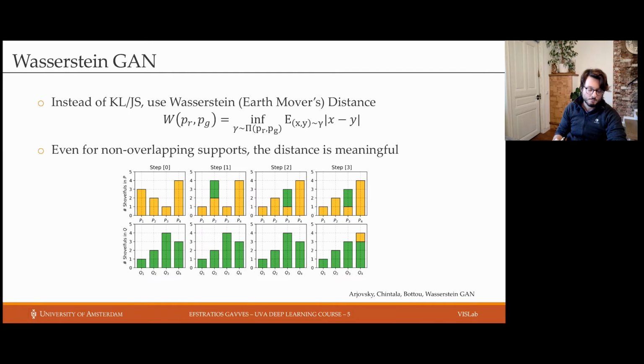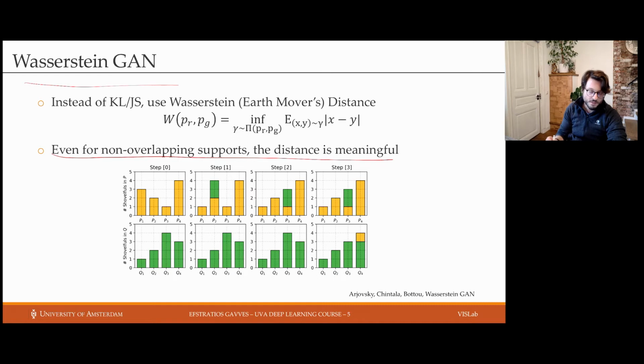As we discussed earlier, standard generative adversarial networks have a problem with reduced support, and mainly that is because of the KL and Jensen-Shannon divergence that is implicitly used. So a few years after the original GAN was introduced, Arjovsky, Chintala and Bottou introduced the Wasserstein GANs, which replaced the KL and Jensen-Shannon with the Wasserstein, or Earth mover's distance.